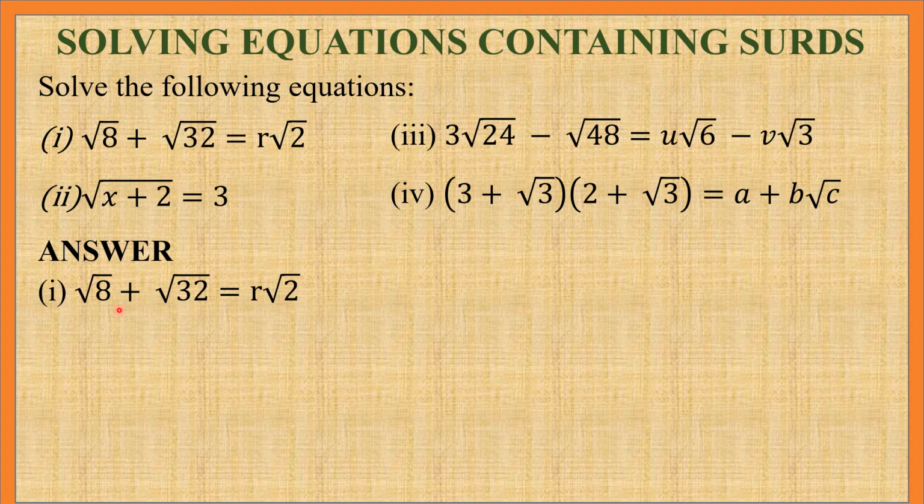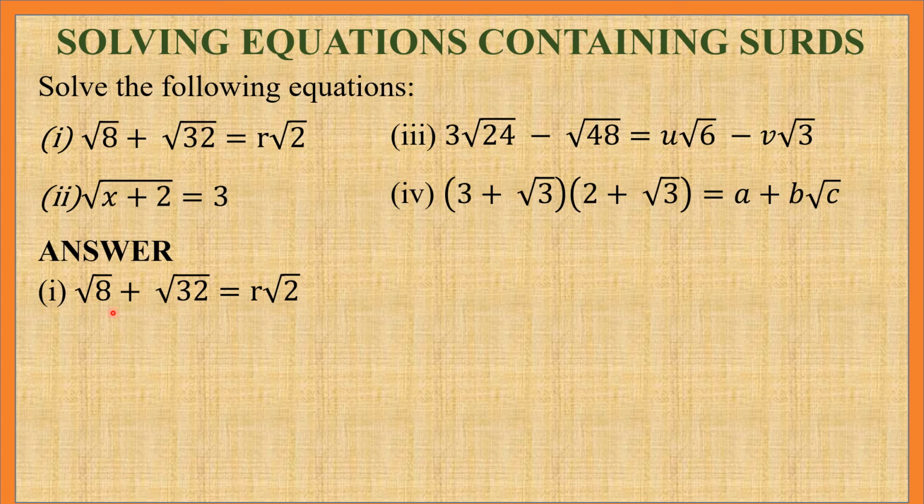So let's see. When we divide 8 by 2, we'll get 4. So 4 is the perfect square in 8. So simplifying, root of 8 will be the same as root of 4 by root of 2. Can you remember that? Root of 4 is 2, by root of 2.